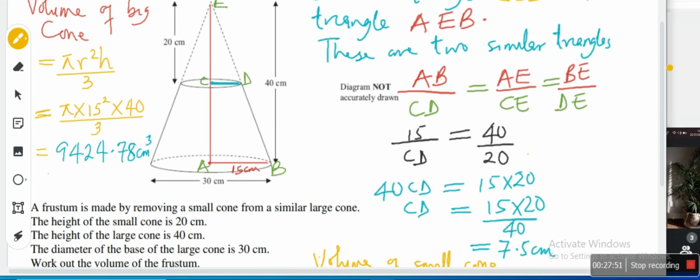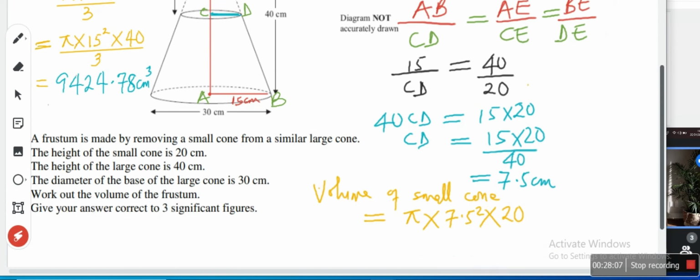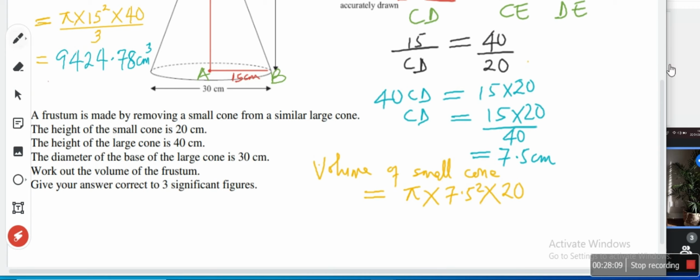Let's show how we came about it. Pi times radius, which is 7.5, times the height, 20. The height is 20, the radius is 7.5, we've just found, divided by 3, of course. We divide by 3 to get the volume of a cone.